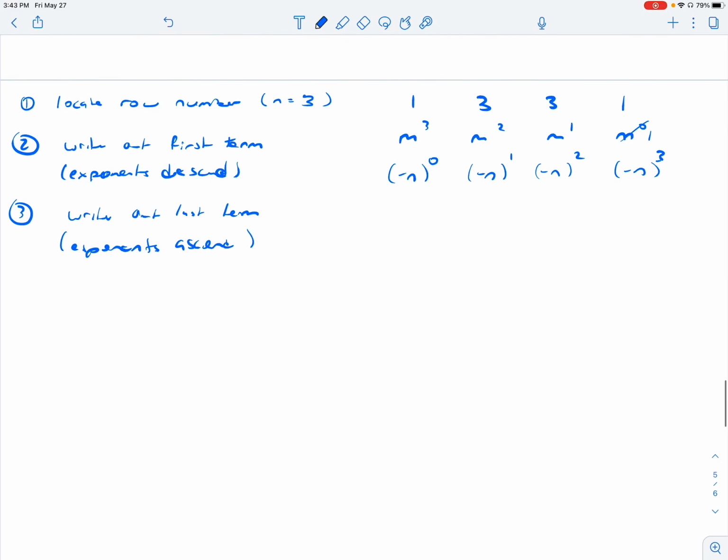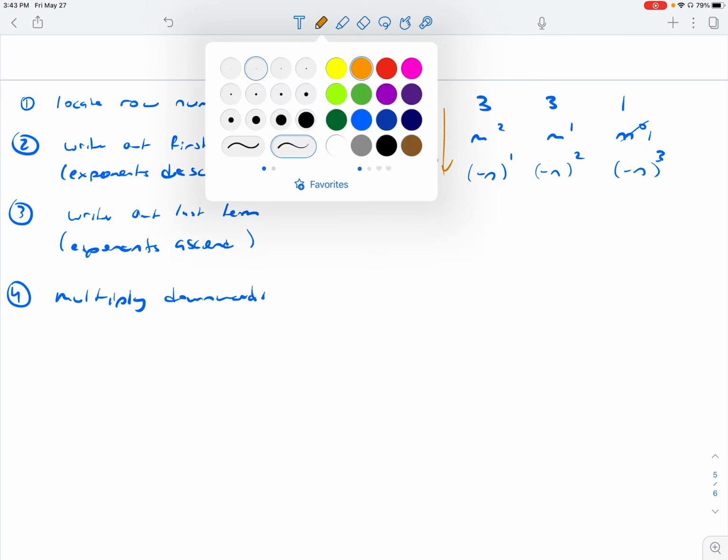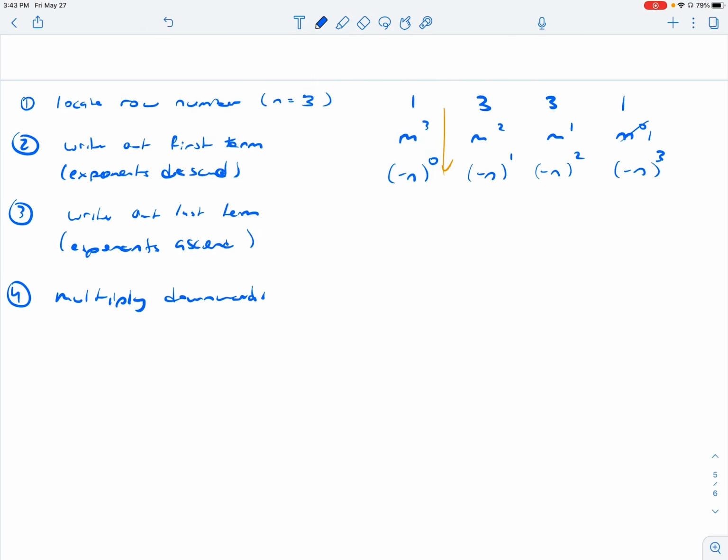All right. Last step, multiply down. Multiply downwards, straight down. So that's going to be 1 times m cubed. This is also 1. Anything exponent 0 is 1. So we're just going to get m cubed. I'm going to put an equal sign here because this is going to be our answer.